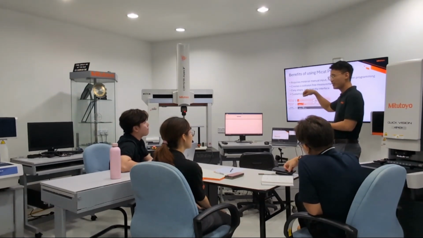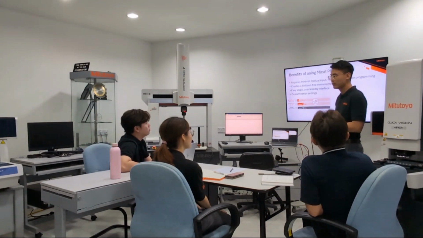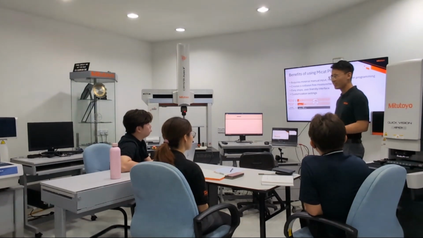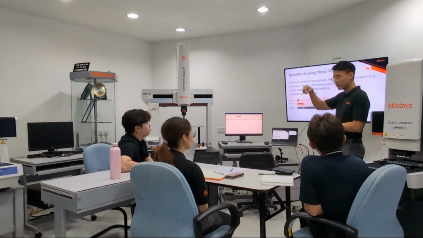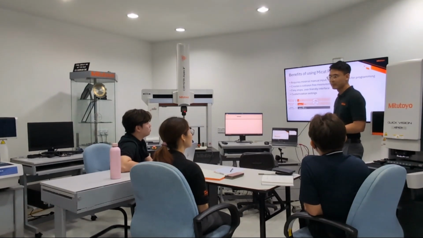It will automatically set the movement to the element, and you just have to tell it how many points, and that's all. You don't have to tell it where to go next or how deep it has to move, it will automatically generate it.